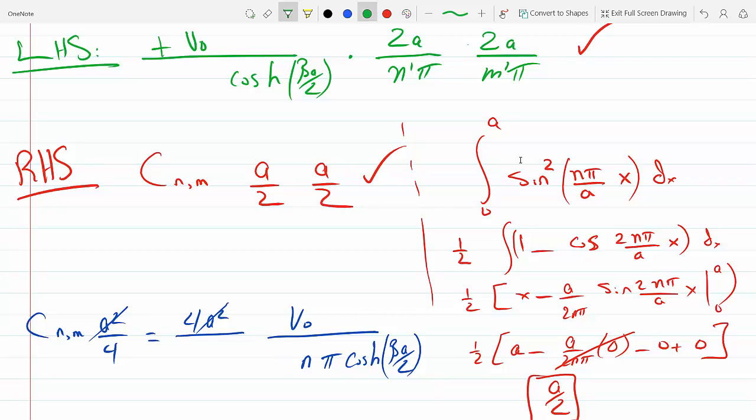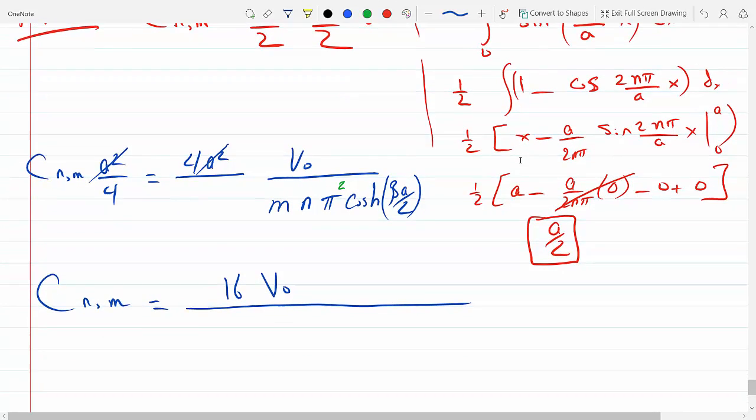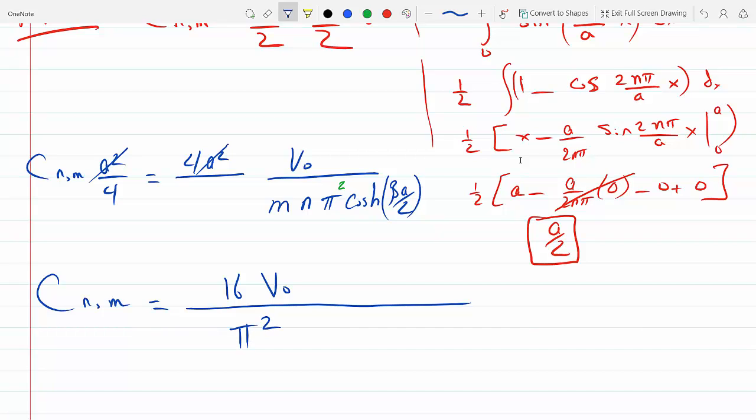We don't need this 2, so we have cosine hyperbolic and pi squared times m n. Okay, good. So yeah, we've come a long way. So cnm then equals 16 v0 over pi squared m n cosine hyperbolic. Bingo.